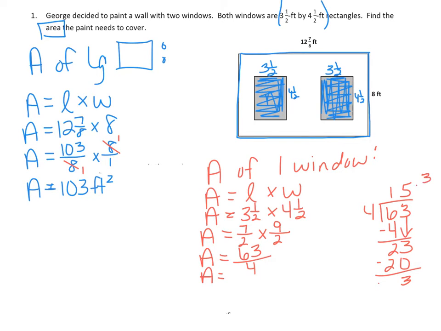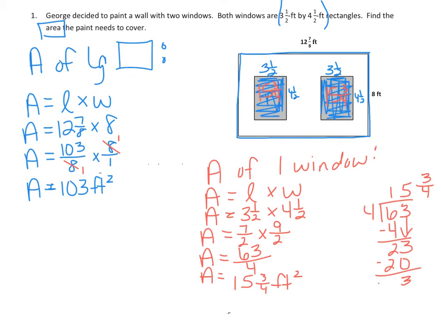That's my numerator, and my denominator stays the same. So 63/4 is equal to 15 3/4 square feet. So that's for 1 window. So I could actually write that inside: 15 3/4, 15 3/4. So I have to get rid of that.